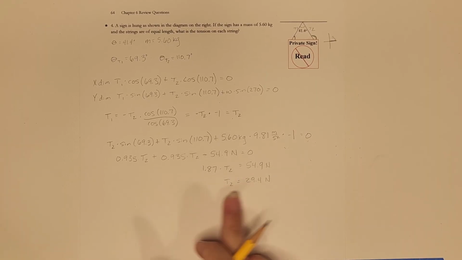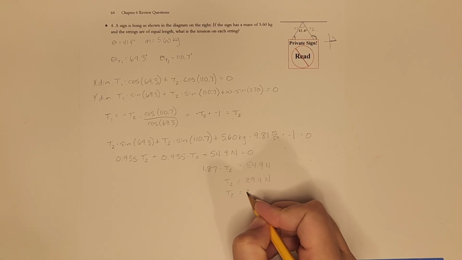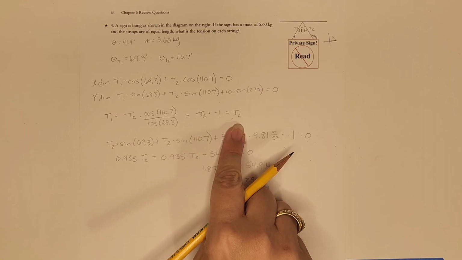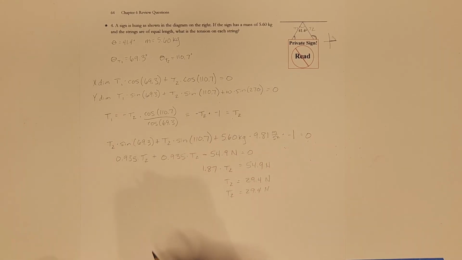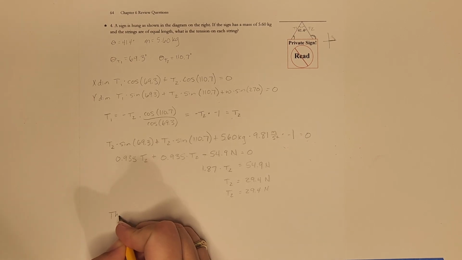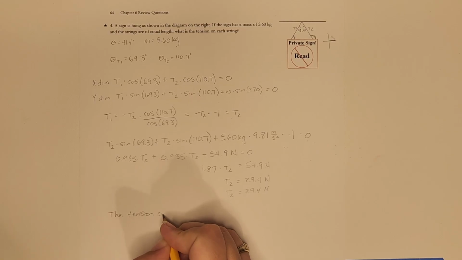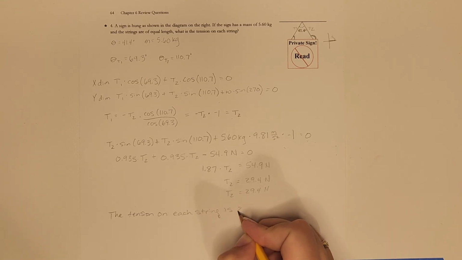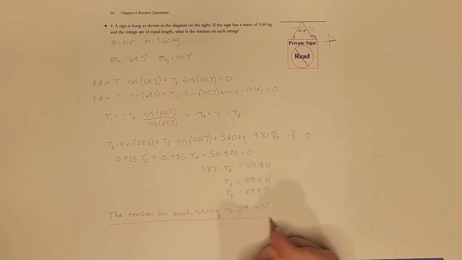Okay, and therefore T1 also equals 29.4 newtons because T1 equals T2. Okay, so now we've determined both tensions, and we have our answer. The tension on each string is 29.4 newtons.